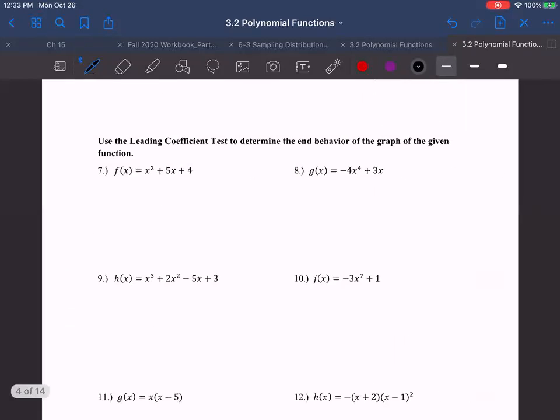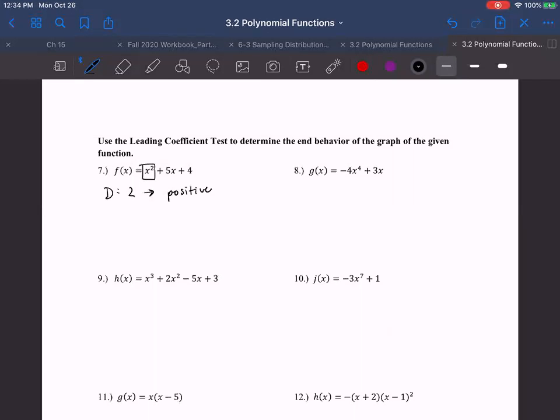Let's just do some examples of this. So we're going to use the leading coefficient test to determine the end behavior of the graph given the function. So if we look at this first one, we see that our leading term here is this x squared. We see that it has a degree of 2.